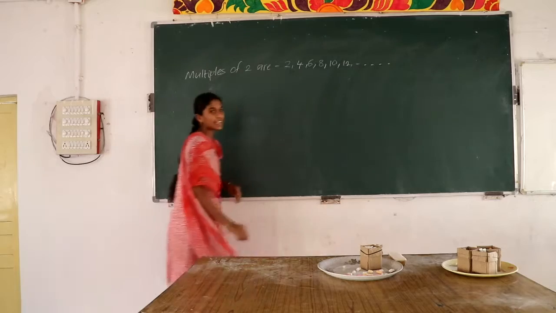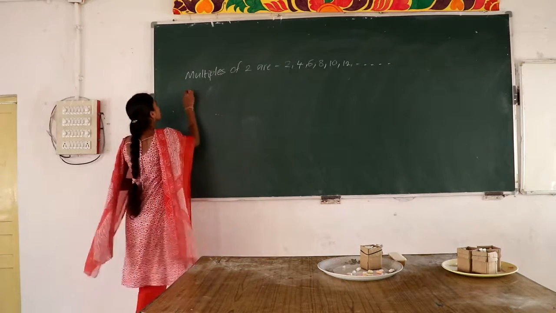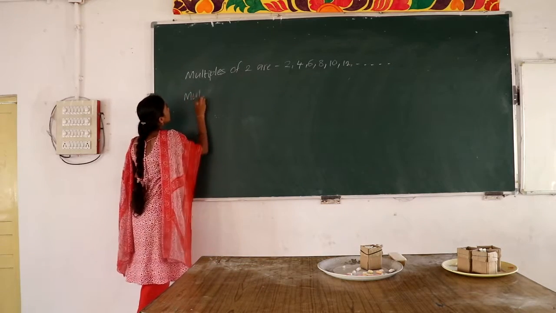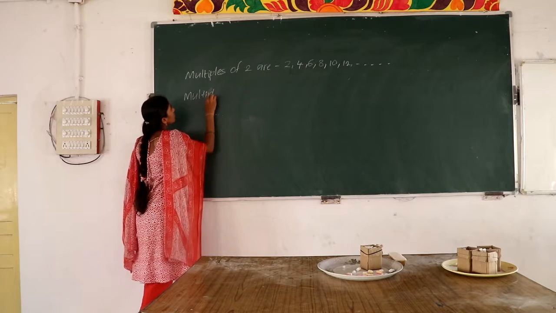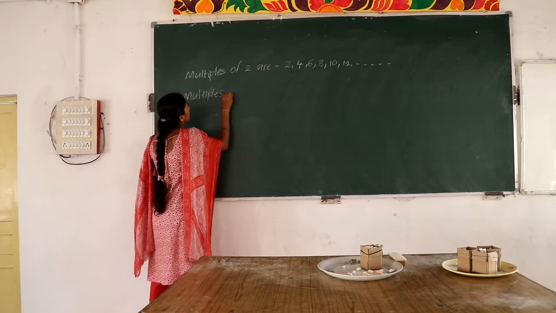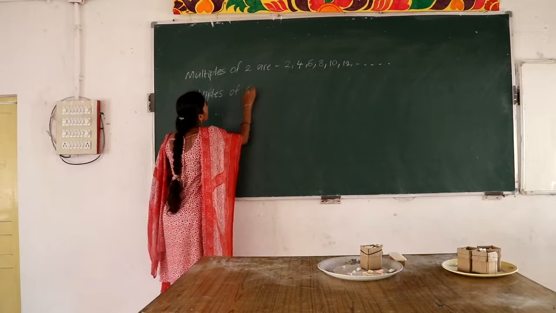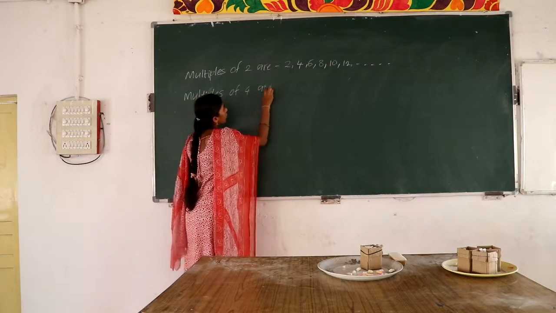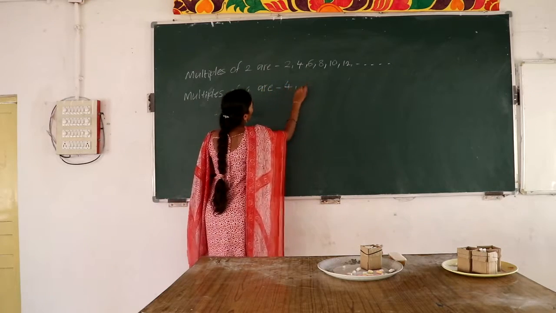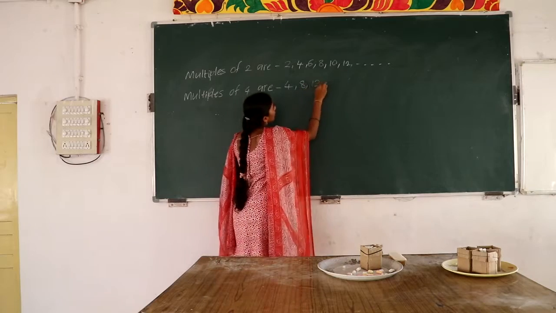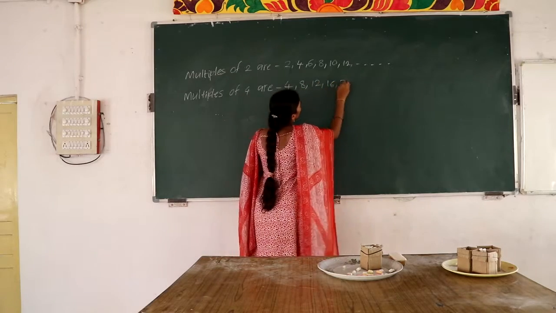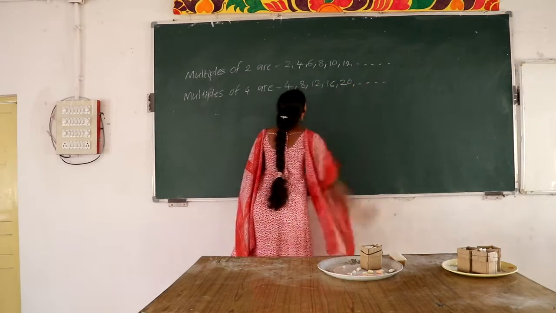What are the multiples of 4? Multiples of 4 are 4, 8, 12, 16, 20 up to so on.